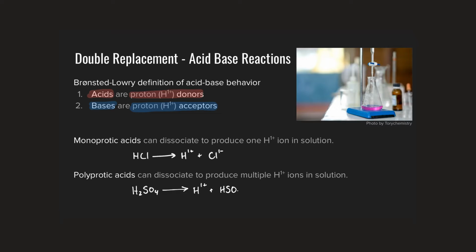The bisulfate ion can also dissociate to produce H+ and SO4 2-, the sulfate ion. So in its complete dissociation, sulfuric acid separates into two separate protons, meaning it is therefore a polyprotic acid. So let's go ahead and move on and look at some common acids you'll come across in your chemistry experience.